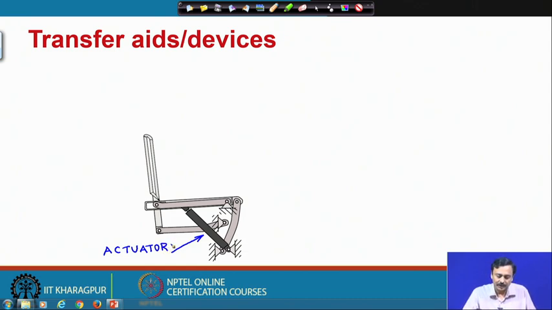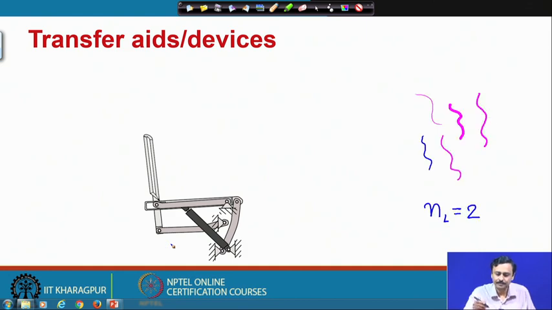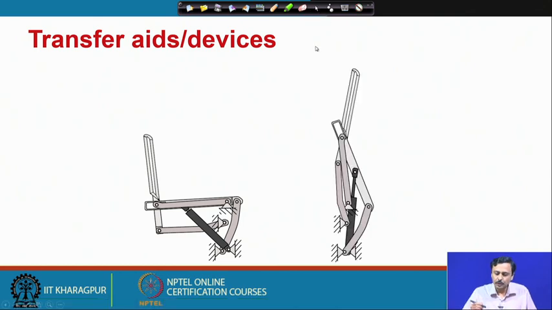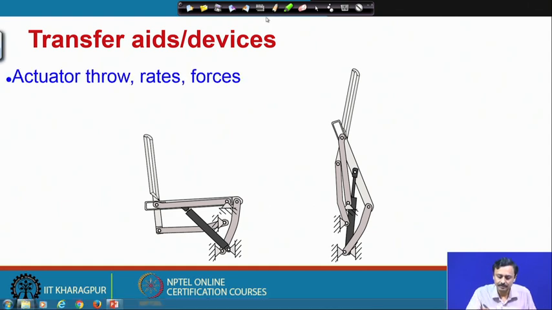This actuator drives this linkage mechanism to go from this sitting position to this standing position. So, the actuator takes a person from a sitting position to standing position.